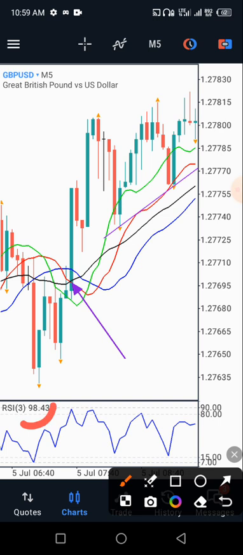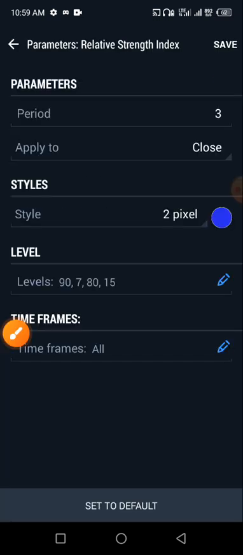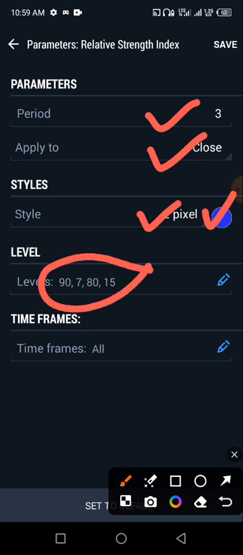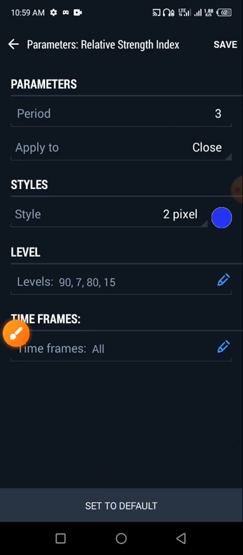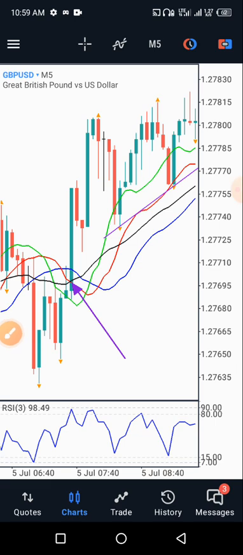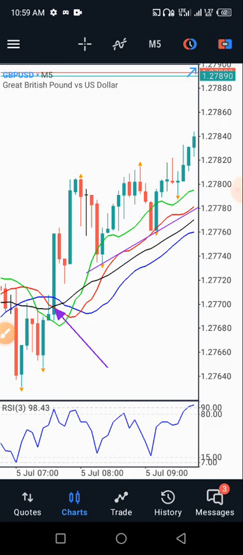Remember the RSI settings we are using is the RSI 3. So your period should be 3, you apply to close, your pixel 2, and then your color should be blue, depending on what color you want to use. Then you can add this level to your chart, and click on save. What we want to see is for price to come almost to our level 15.